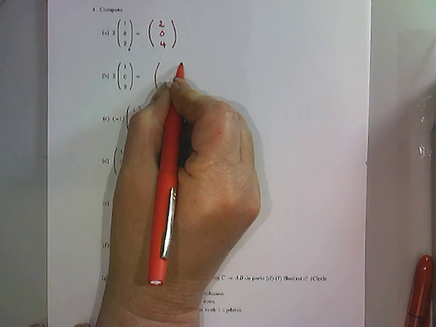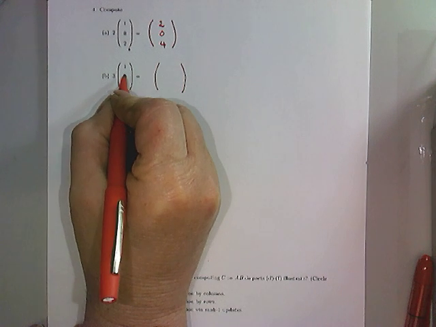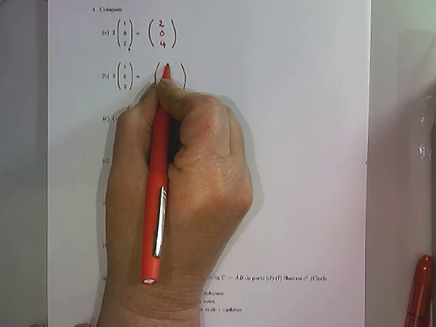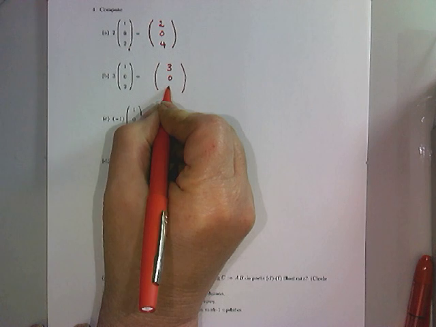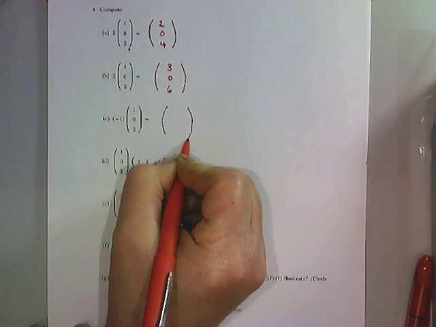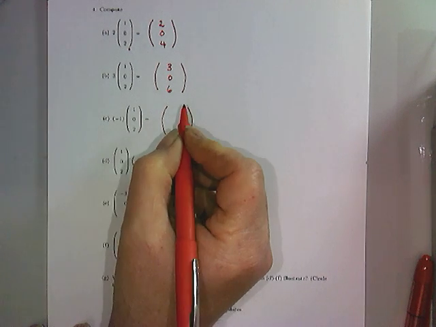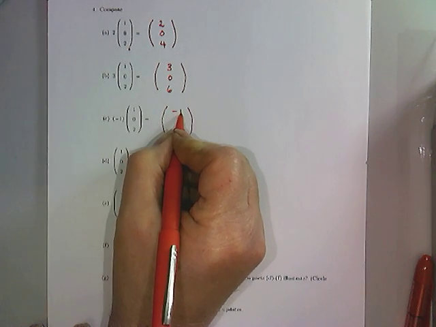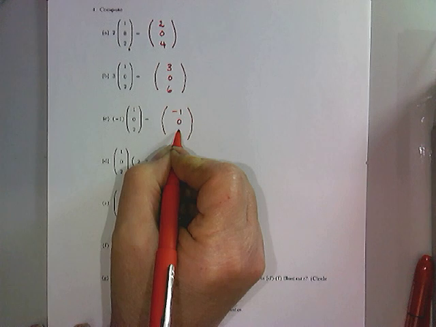B, it's again scalar multiplication, and the result will be 3, 0, 6. C, again scalar multiplication, and the result will be -1, 0, -2.